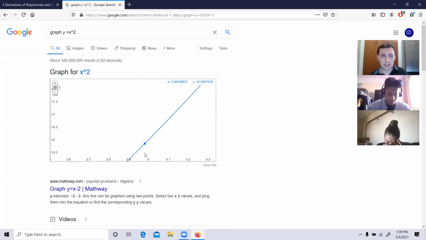Here is that line that I see. And if you were to measure the slope over 4, you would see that the slope is essentially 8. Understood?